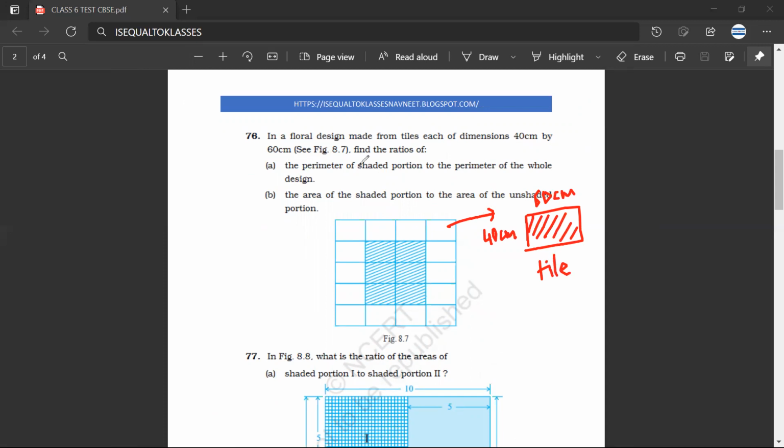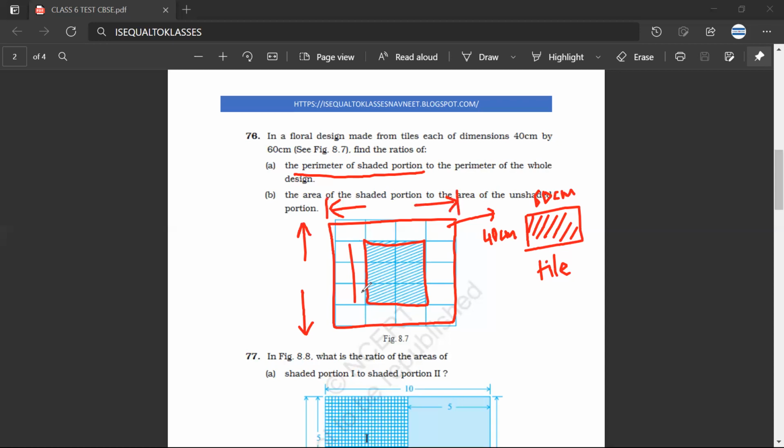So I need the perimeter of the shaded portion to the perimeter of the whole design. So this is my shaded portion and this is my whole design. Now before I calculate that, I need this, I need this, I need this, and I need this.